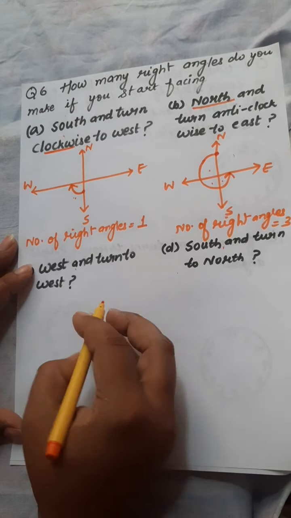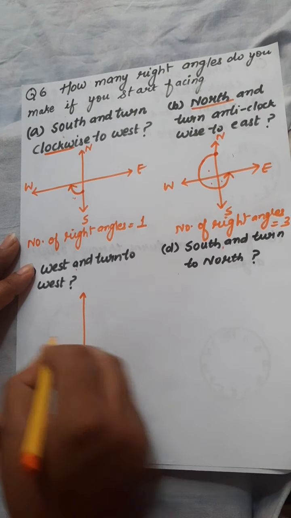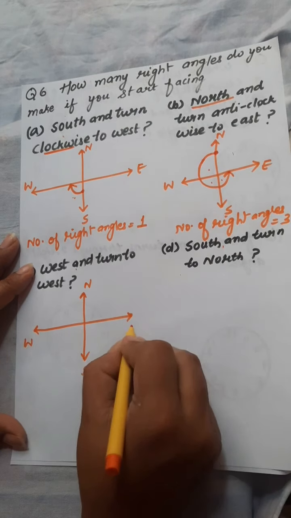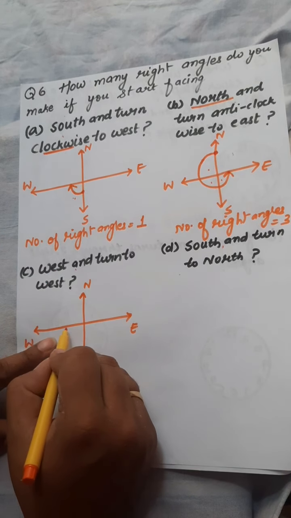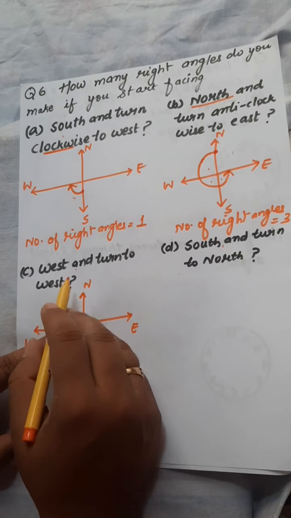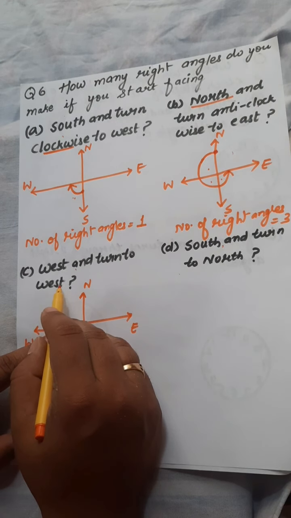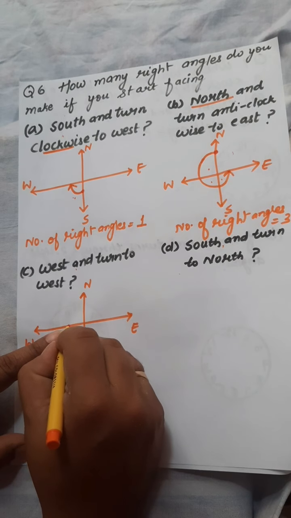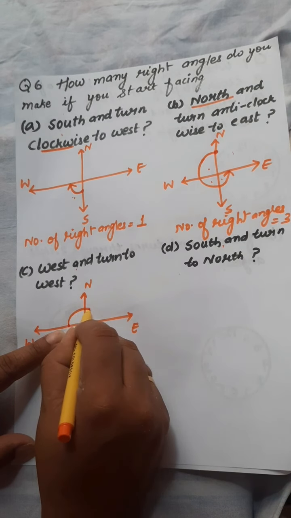Now next we have C part. We have to start from west, so make the directions first. North, south, west, east. We have to start from west and turn to west, and in this case clockwise or anti-clockwise is not written. We have to start from west and turn to west, means complete revolution.